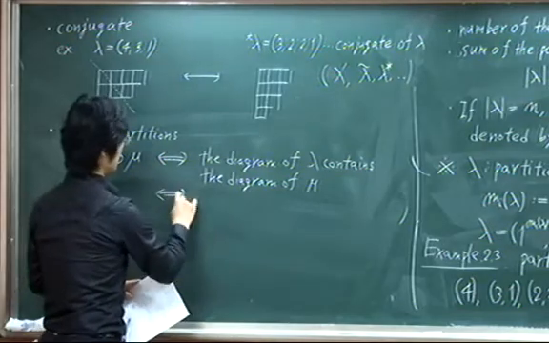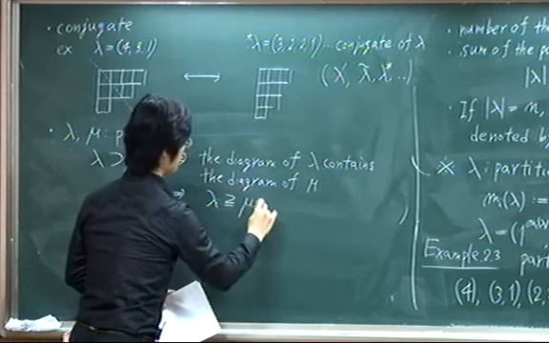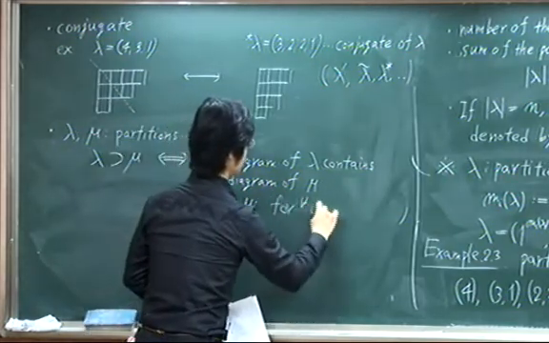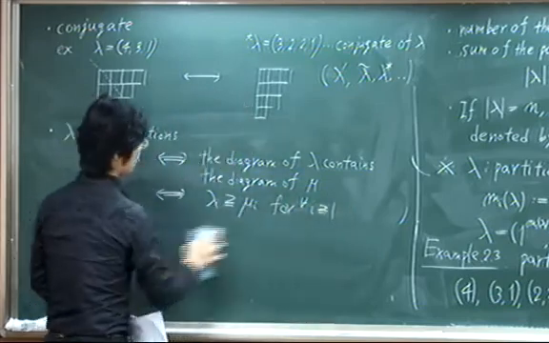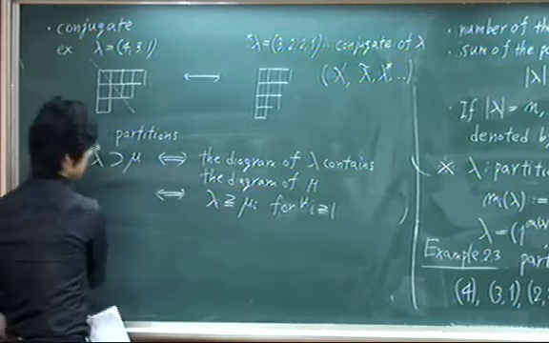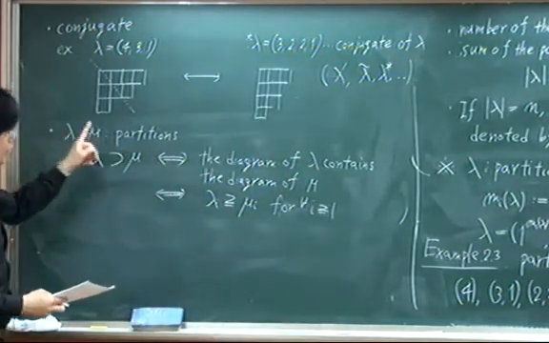Namely, lambda_i is greater than or equal to mu_i for any i. Usually we don't distinguish between the partitions and the Young diagrams.